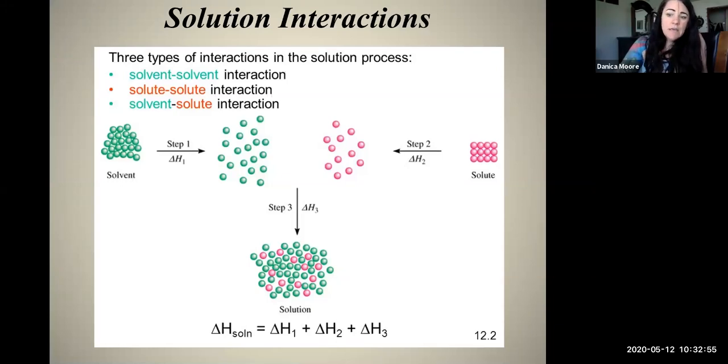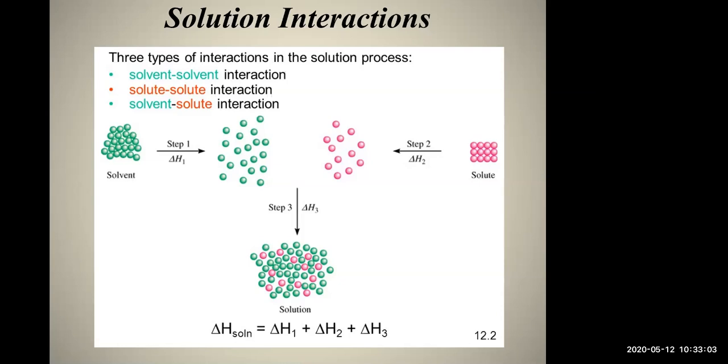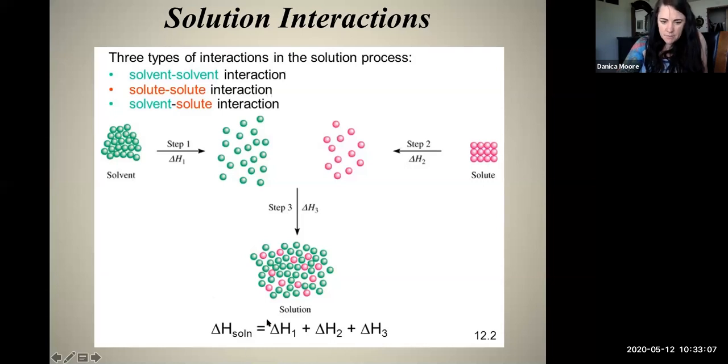Sticking things together is exothermic, breaking things apart is endothermic. Does that make sense, guys? Cool. So the delta H of solution can be either endothermic or exothermic, depending on whether or not the sum of the steps here gives us a net negative or a net positive.